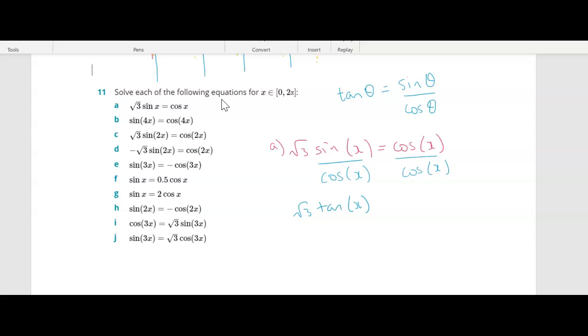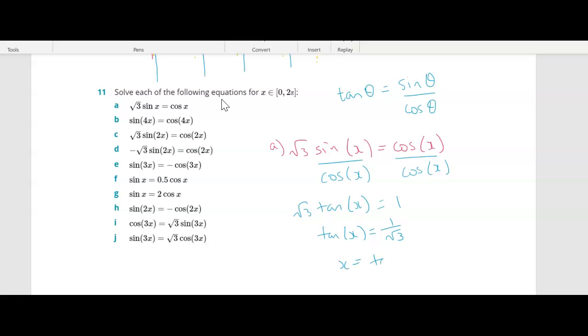Remember tan theta equals sine theta over cos theta, where theta is just a variable like x. So once we've got sine over cos, we can just exchange it for tan. That root 3 doesn't matter. Now remember, with fractions, when your numerator is the same as your denominator, it's just 1. So tan x is equal to 1 on root 3.